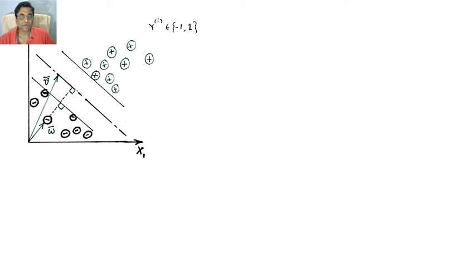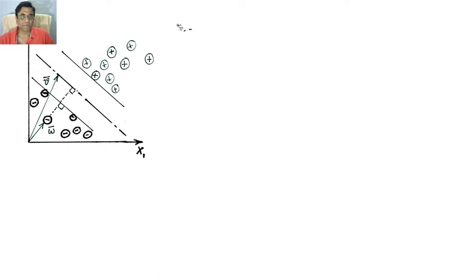Two classes are denoted as -1 and +1: the negative class is -1, the positive class is +1. Earlier you have seen it was normally 0 and 1, where 0 denoted one class and 1 denoted another class. But here this is the architecture.